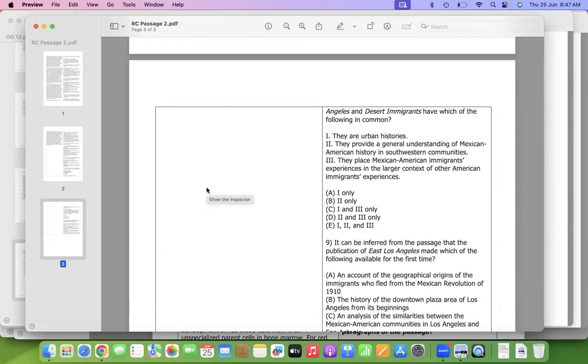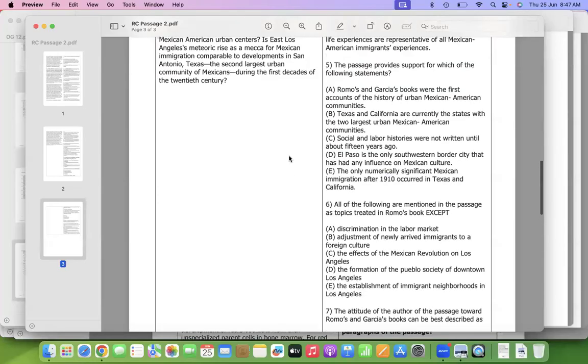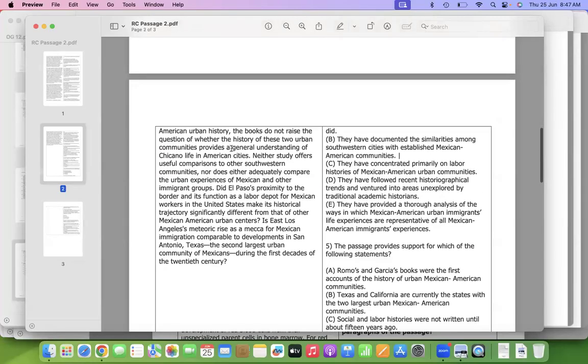Ma'am, I want to understand the number 3 one, because obviously they are urban histories, that I was sure. Number 2 is not there, I was sure. I was very confused between option A and C. Larger context is similar to general understanding, providing comparisons. Larger context refers to this only, that can we get a general understanding from it.